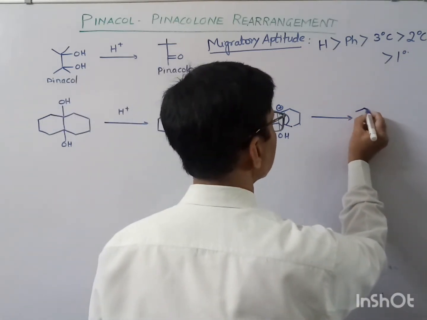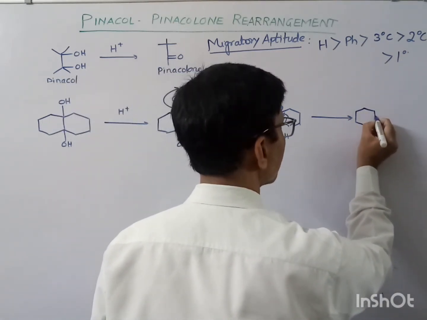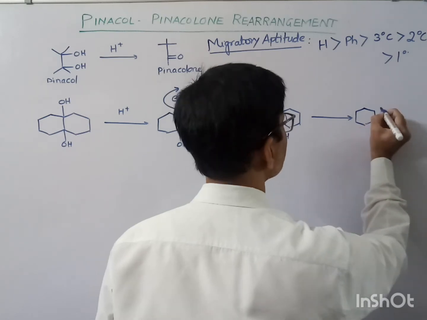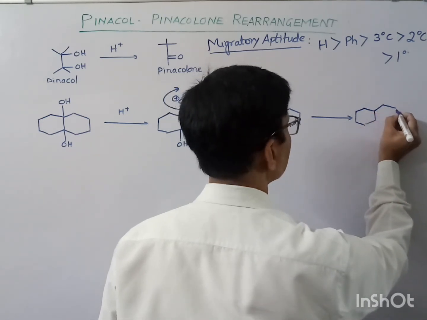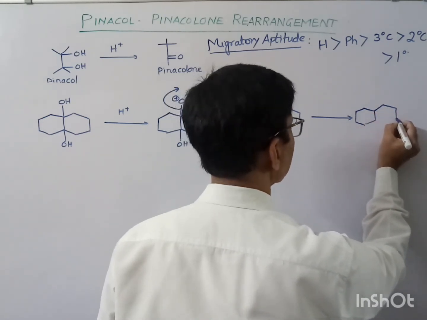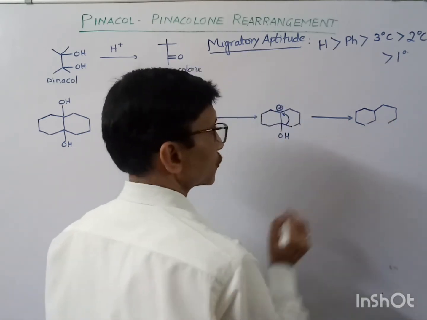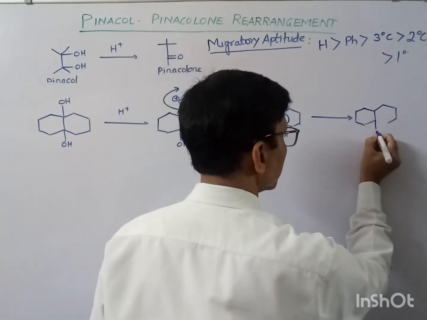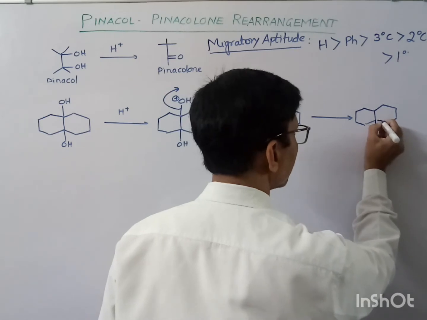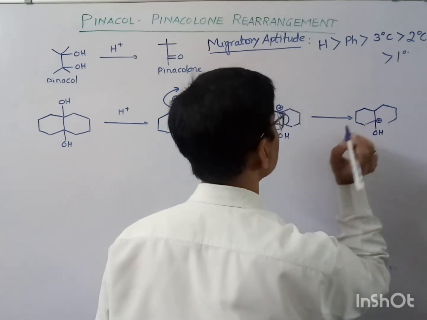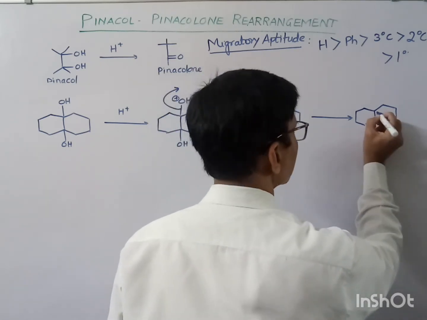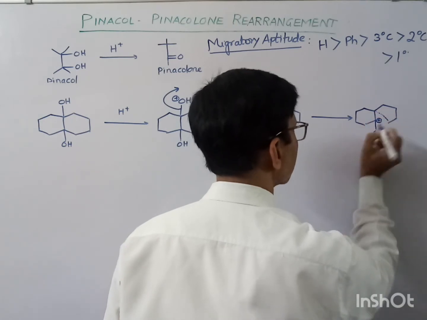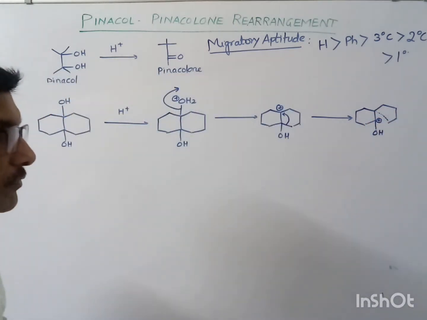So what can you write? You may write, so this bond has broken down. We have OH group over here, and positive charge is created over here. Okay, so now we may write this new bond is created over here.